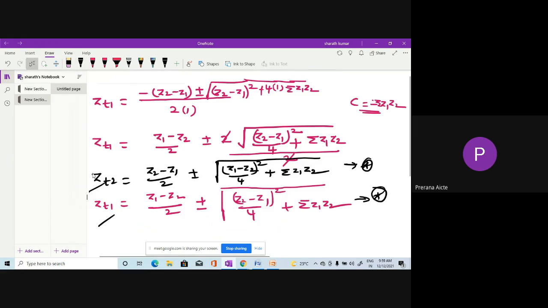So generally, for finding the network, we have plus or minus, right? Generally we always take the network as positive impedance.